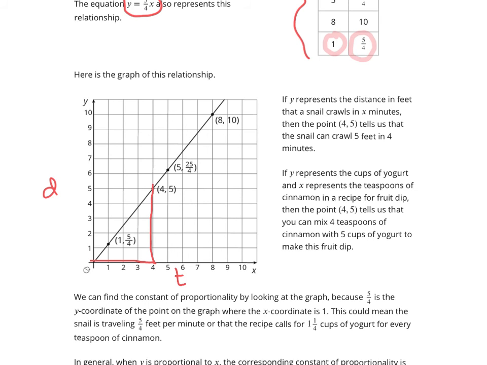Or if y represents the cups of yogurt and x represents the teaspoons of cinnamon used in a fruit dip, then 4, 5 would tell us 4 teaspoons of cinnamon for 5 cups of yogurt to make that fruit dip.